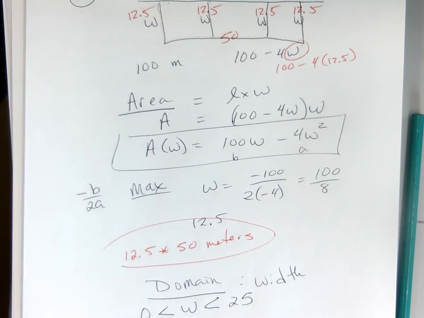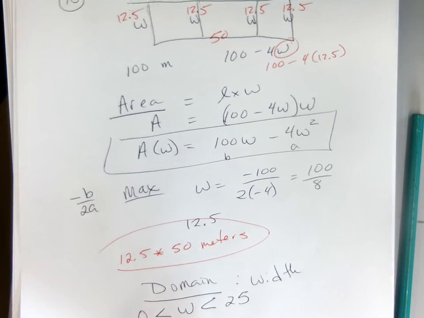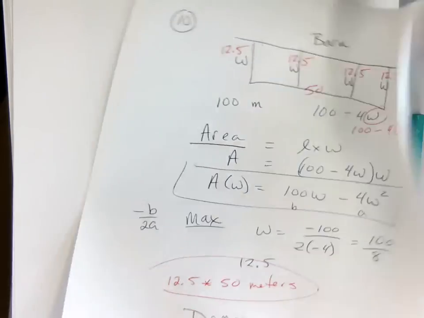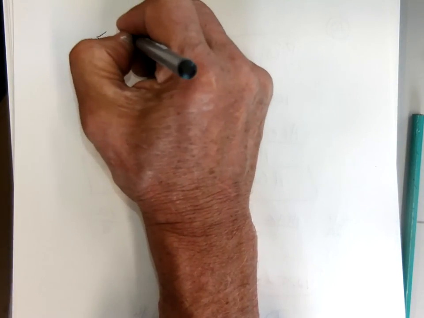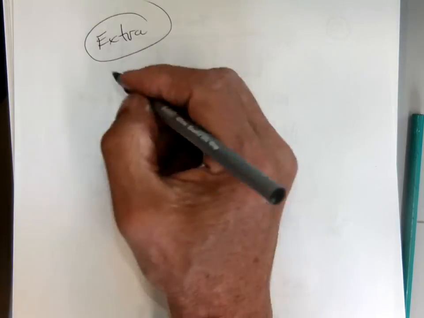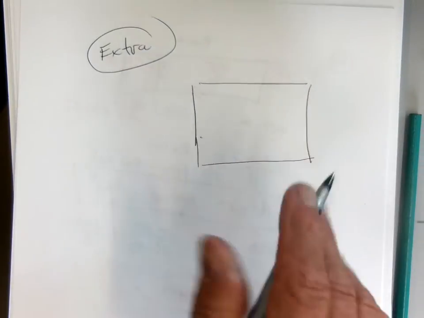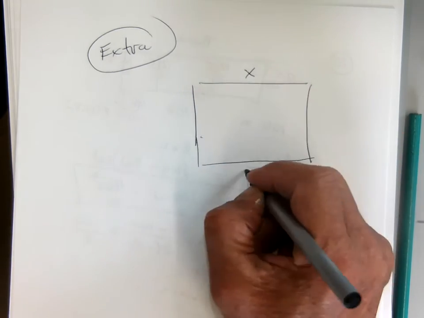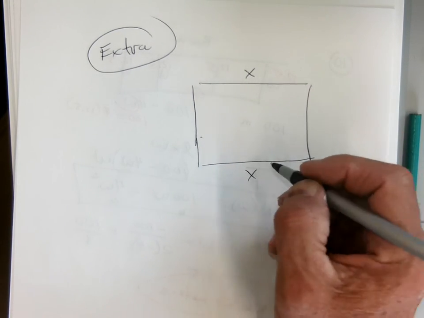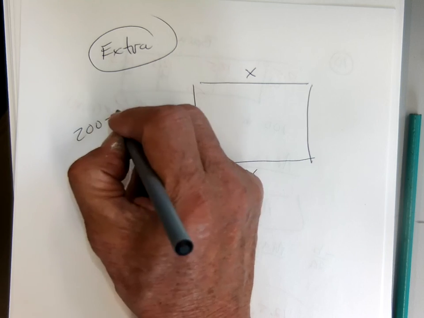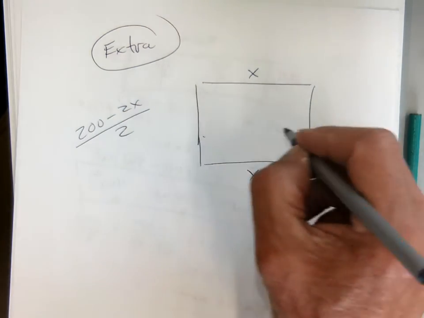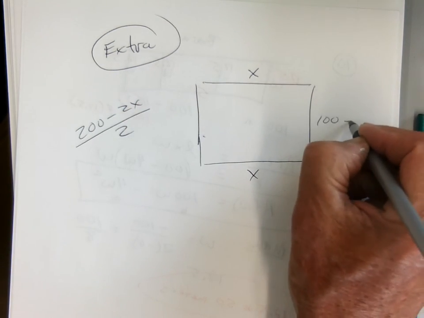Okay, and last but not least, let's look at the extra. We've done this one. I'll set you up on the extra. X, 200 minus 2x divided by 2, 100 minus x.